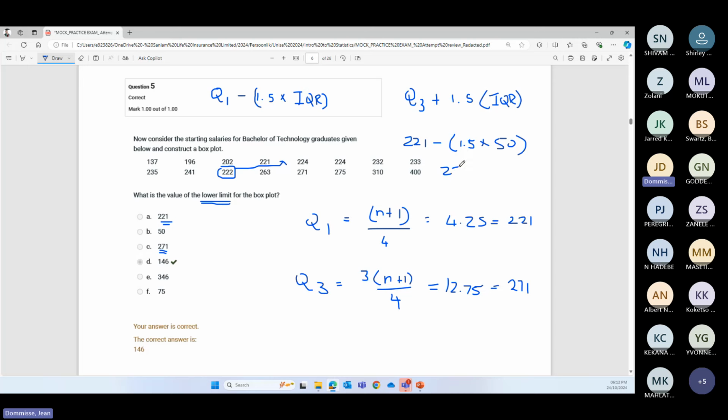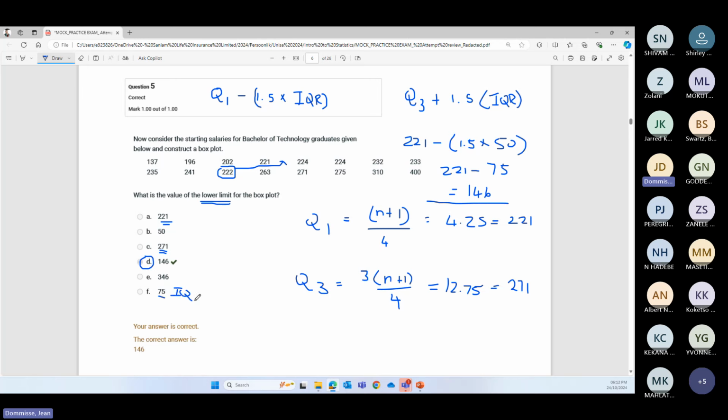So 221 minus 1.5 times 50, which is 75, is equal to 146. Okay, which is option D.